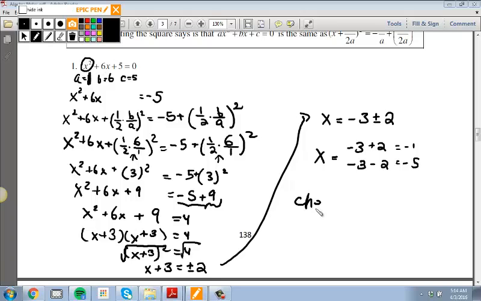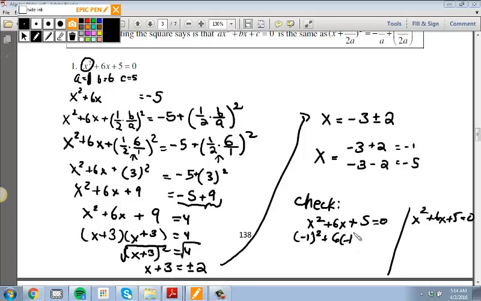If you don't believe me that this works, you can check, because remember our original equation was x squared plus 6x plus 5 is equal to 0. Let's substitute in the negative 1. So what do I get? 1 minus 6 plus 5. Well, that's negative 5 plus 5, 0. Kaboom, that one checked out.